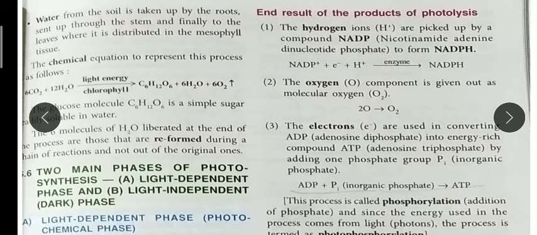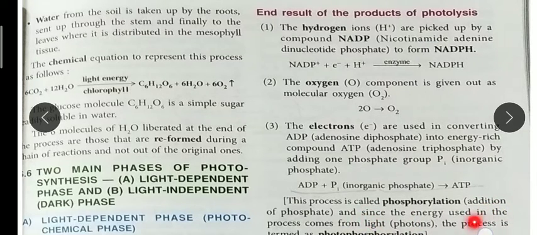Now the process of the formation of ATP from ADP, when the inorganic phosphate combines with ADP, is called phosphorylation, the addition of phosphate.